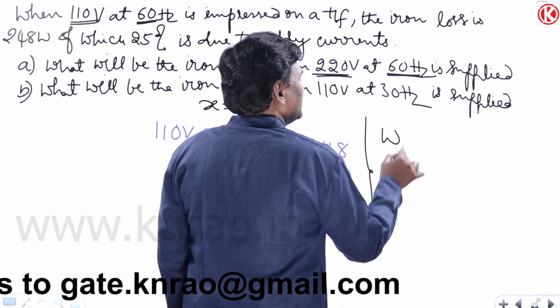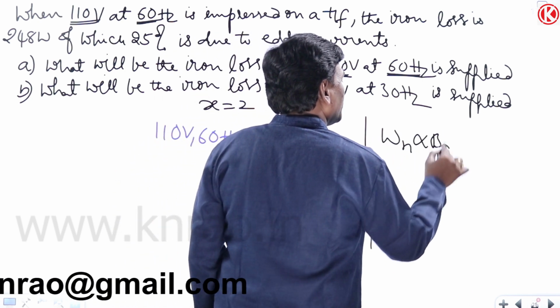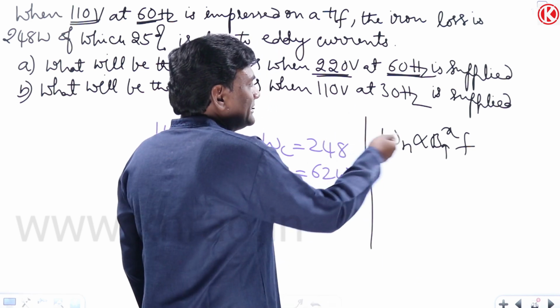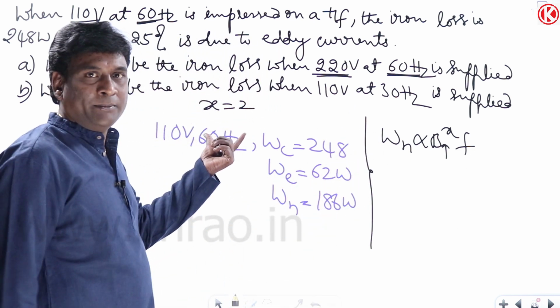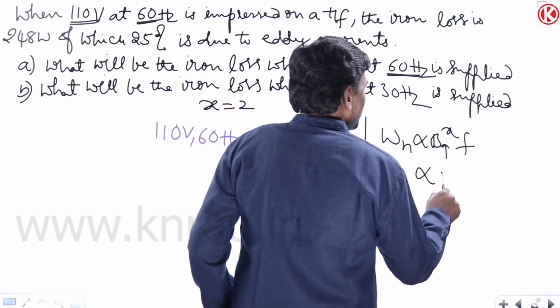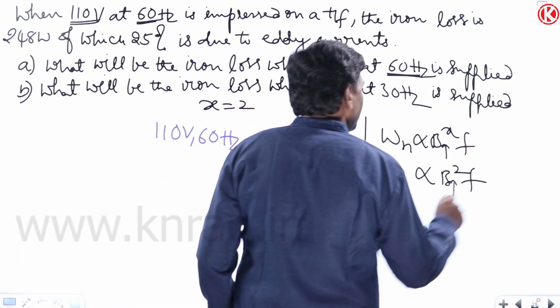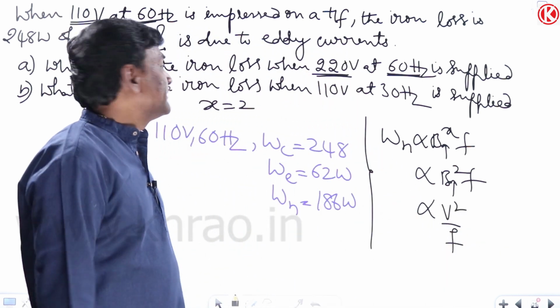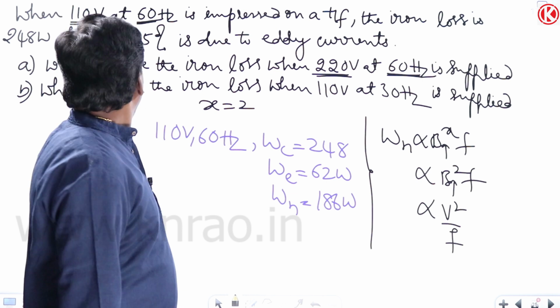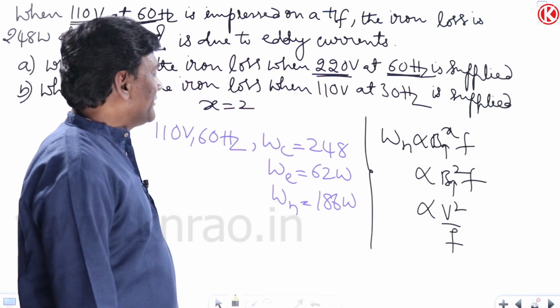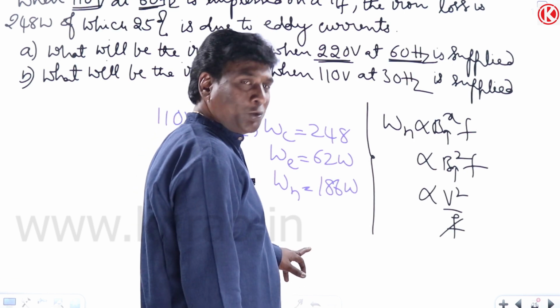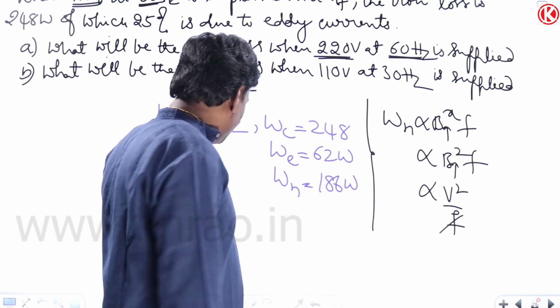Hysteresis loss is directly proportional to Bmax to the power of X into F. They said that X is 2, constant as 2, so directly proportional to Bmax square F, directly proportional to V square by F. Now see here, voltage is doubled, frequency is same.